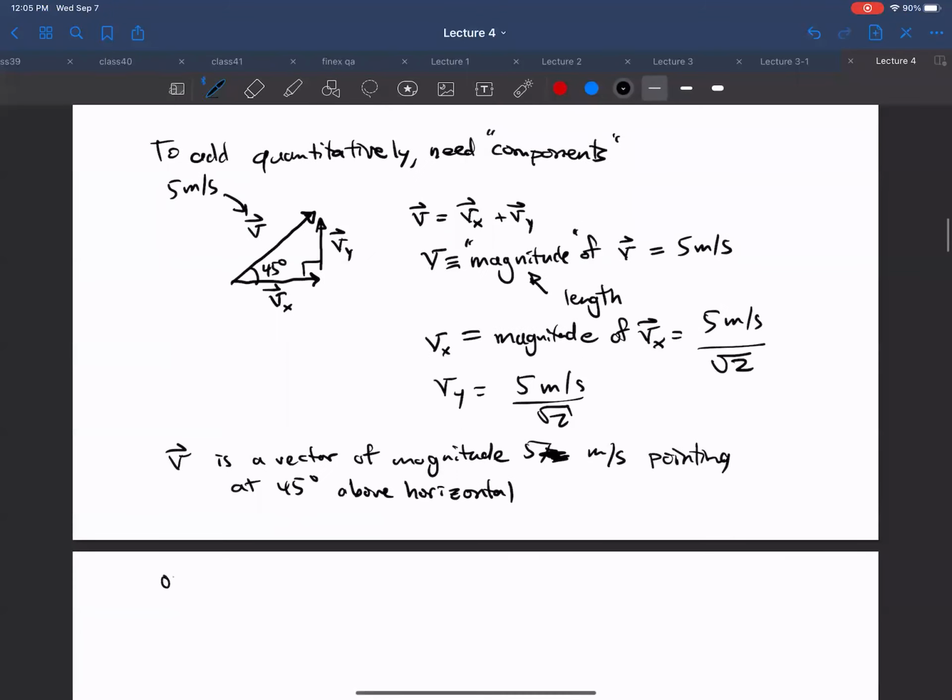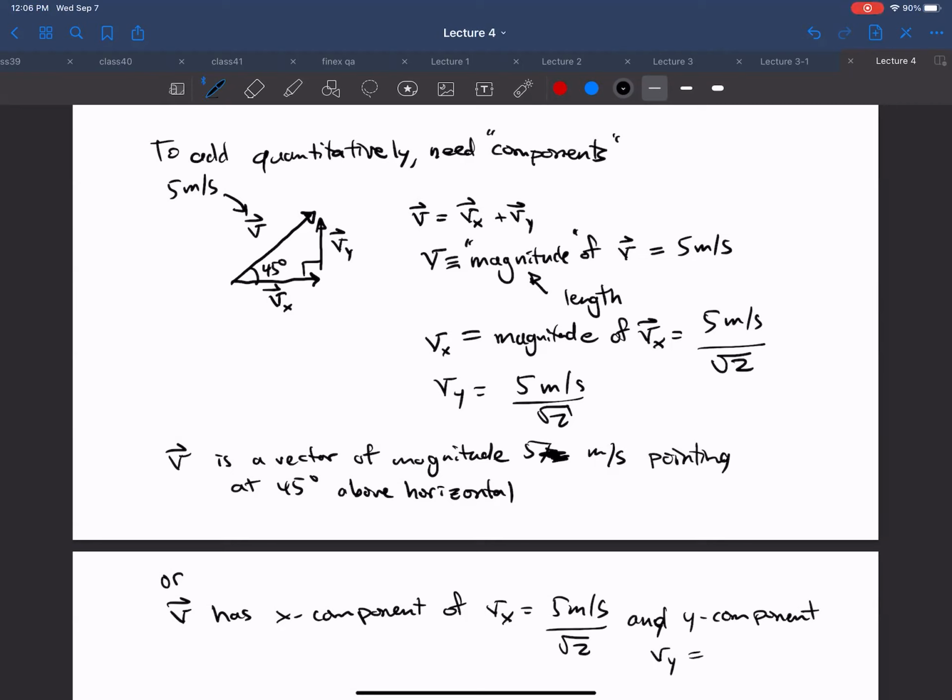Or I could say v has an x component v sub x equals 5 meters per second over square root of 2, and a y component v sub y equals 5 meters per second over square root of 2.